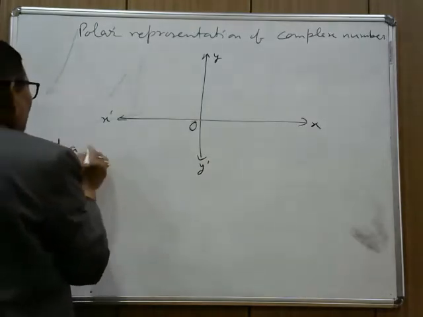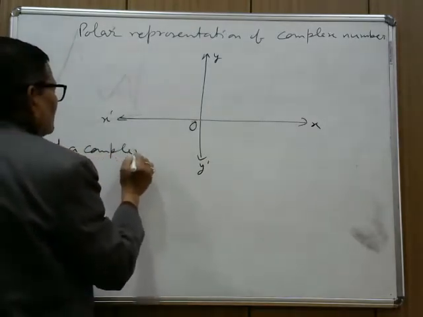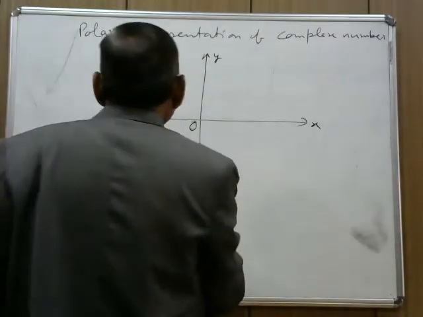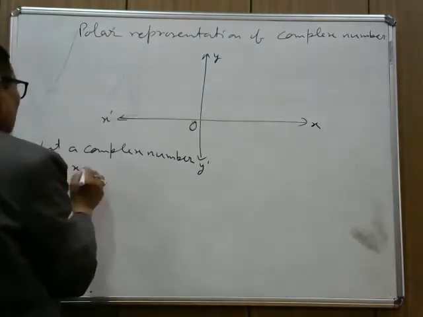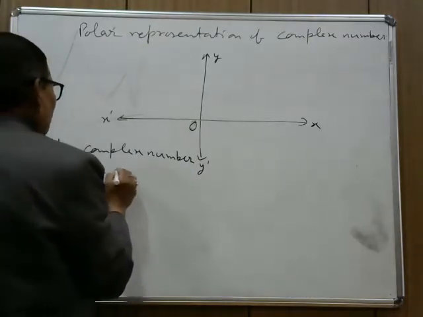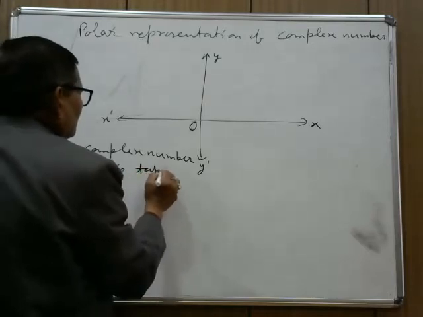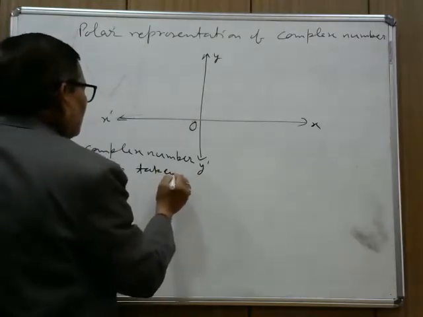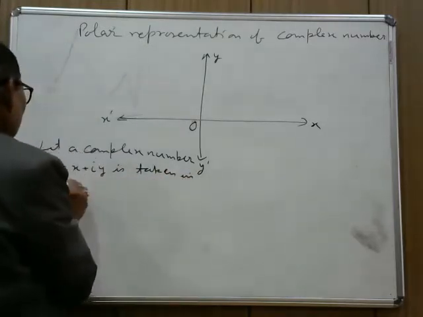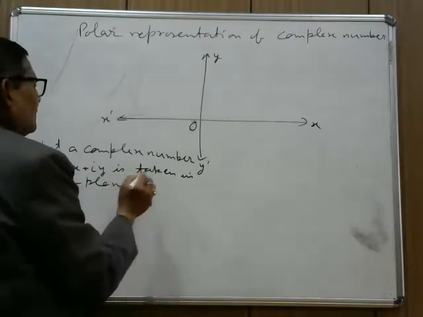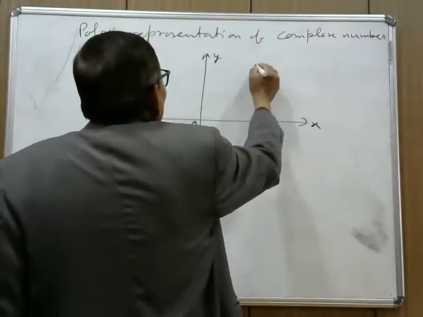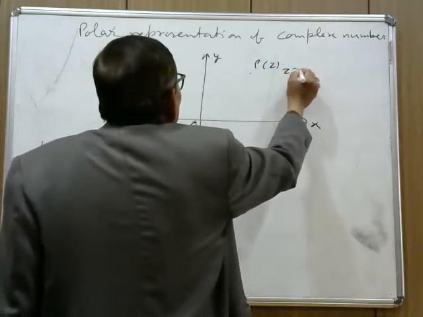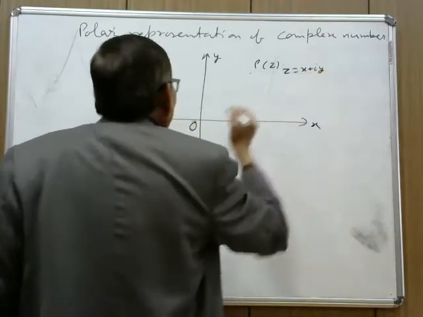Let a complex number z equal to x plus iy be taken in the xy plane. This is the point P, z equal to x plus iy.